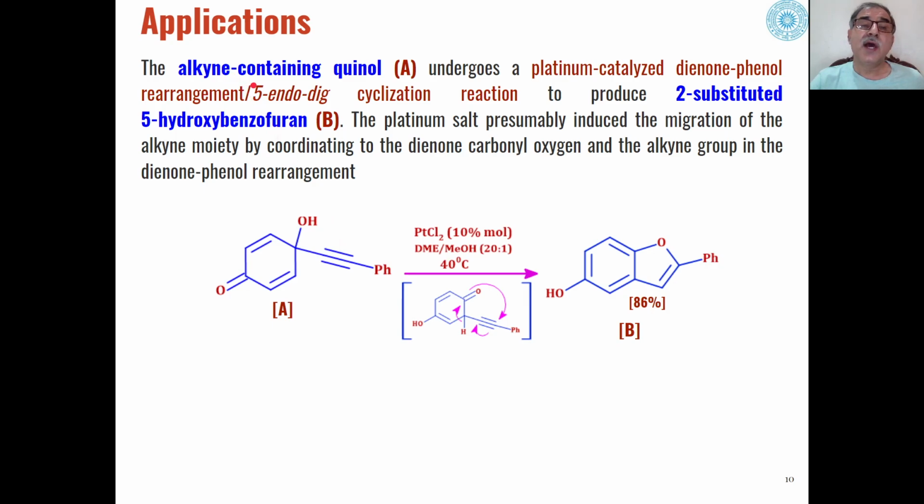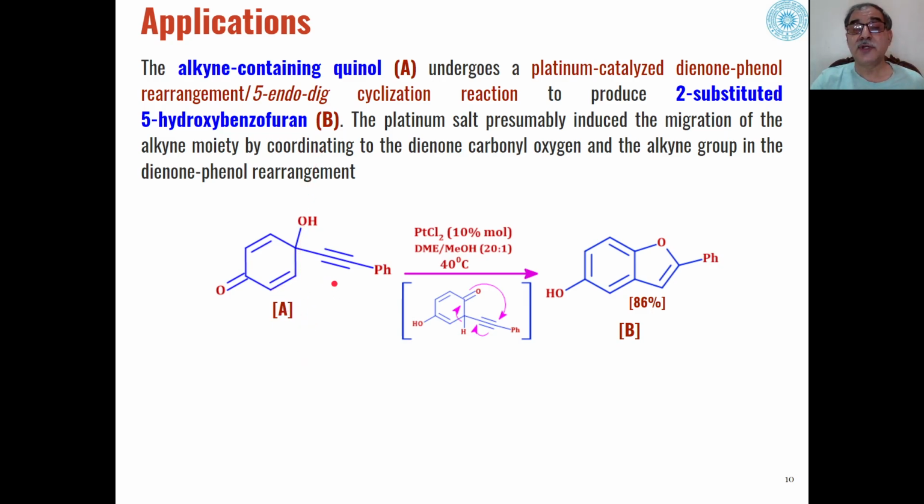Then alkyne containing quinols, and here we can see that in the four position one substituent is a hydroxyl group and the other is an alkyne group. So here, in addition to the migration of the group, there will be a cyclization reaction also, and the ultimate products will not be phenols but 2-substituted benzofurans.